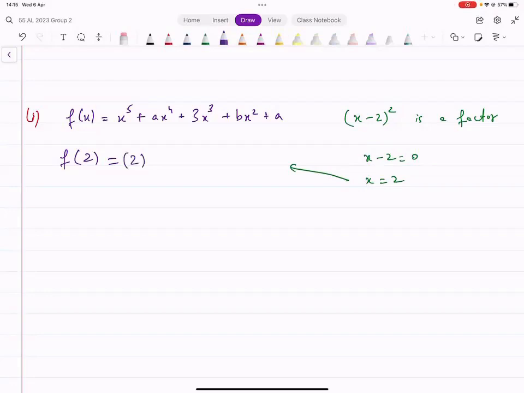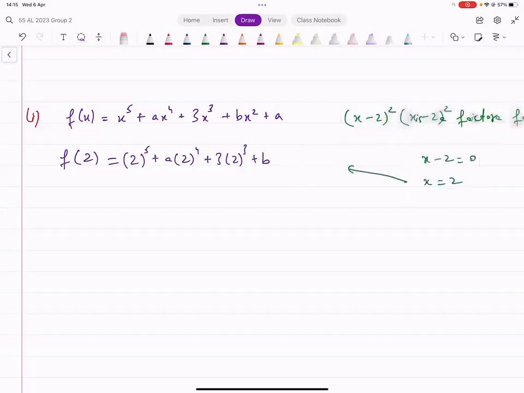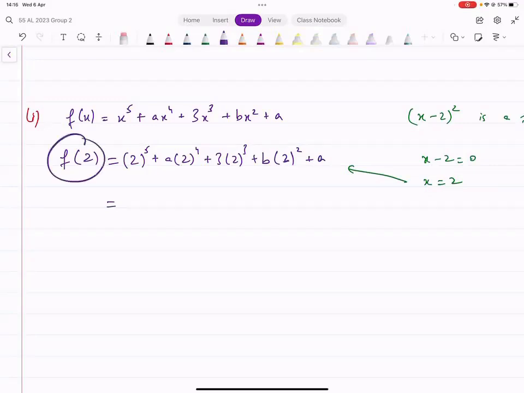We have 2 raised to power 5 plus a into 2 raised to power 4 plus 3 into 2 cube plus b into 2 squared plus a. Now since x minus 2 is a factor, ये चीज 0 से इक्वल होनी चाहिए. हमने इसको 0 से इक्वेट कर दिया.